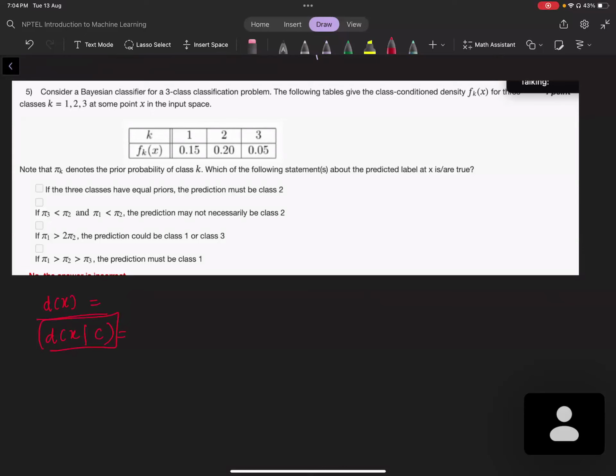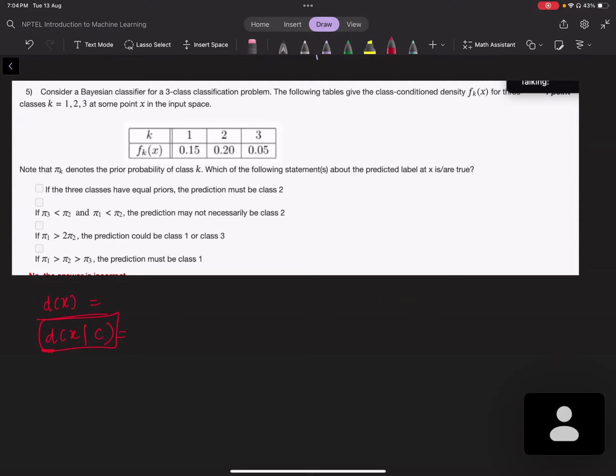That means what is the probability of finding a data point X given that it belongs to a certain class. So it's like saying the proportion of class 2 is 20%, the proportion of class 3 is 0.5%, and the proportion of class 1 is 0.15%.